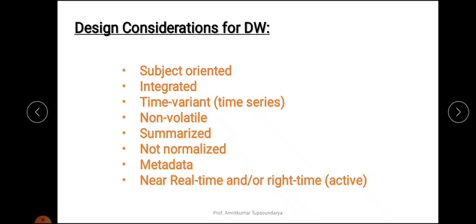Whatever data we have at present can be compared with past data, so that differences can be spotted. Non-volatile is self-explanatory. The data should be persistent, that is, it should not be created on the fly from the operations database. Thus, the data warehouse is consistently available for analysis across the organization over time.